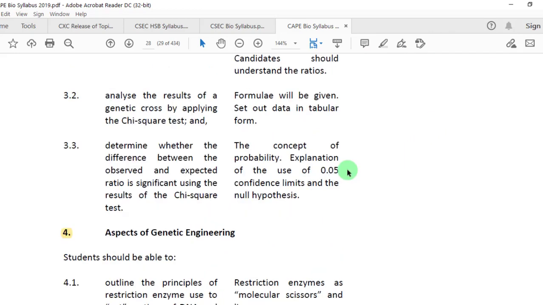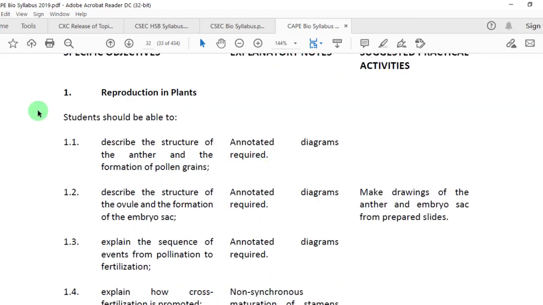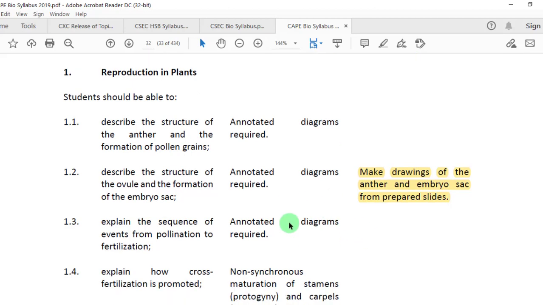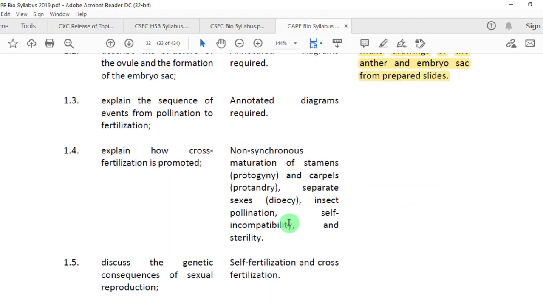The module 3 focuses on reproduction in plants. So let's jump to that. Right, so we have here reproduction in plants, everything. But again, your emphases will be things like this for paper 3, yeah? So being able to draw the anther, being able to draw the embryo sac. All the objectives that look for drawings, focus on those objectives.